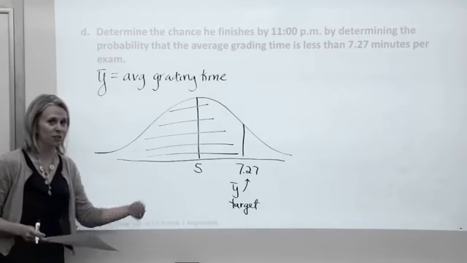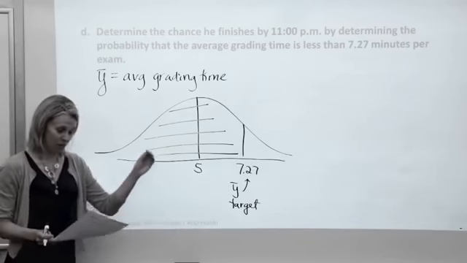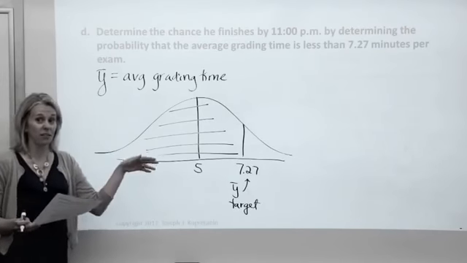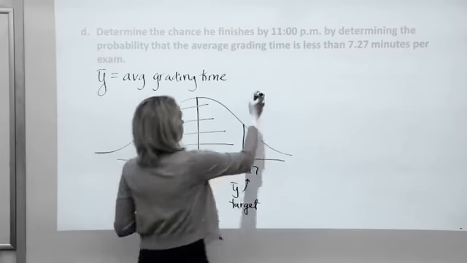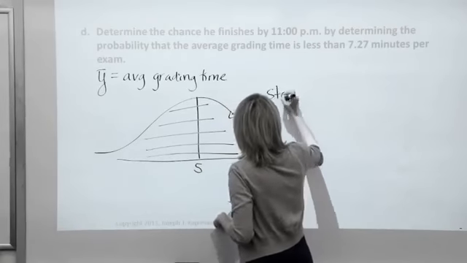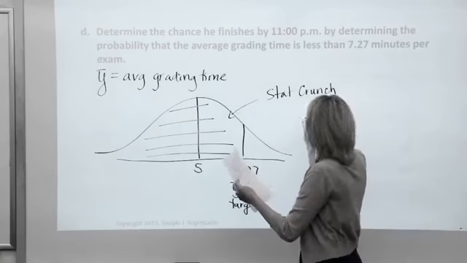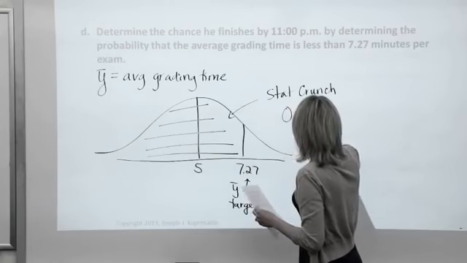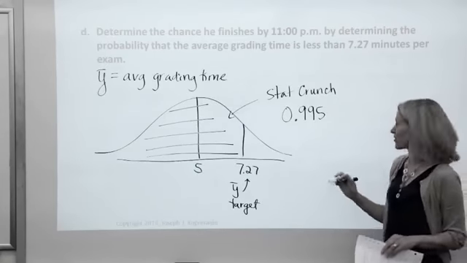Hopefully you opened up StatCrunch, you looked at the normal calculator, you put in a mean of 5, a standard deviation of 0.87 that we just computed. And if you did that from StatCrunch, this area is about 0.995. So that's good news for the professor.